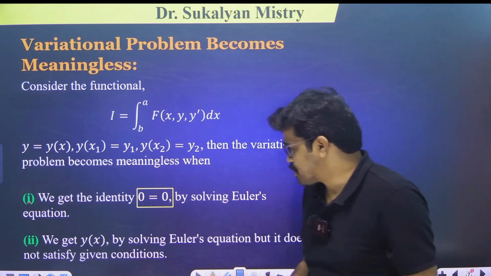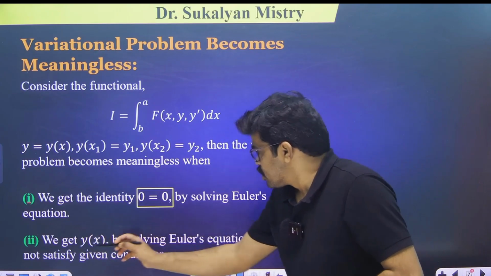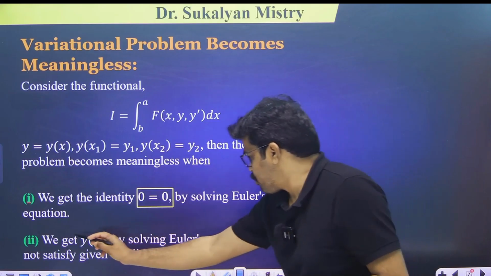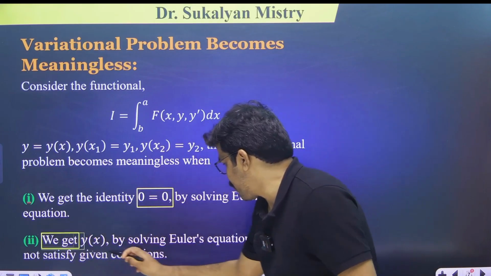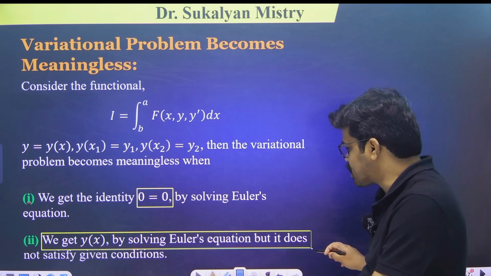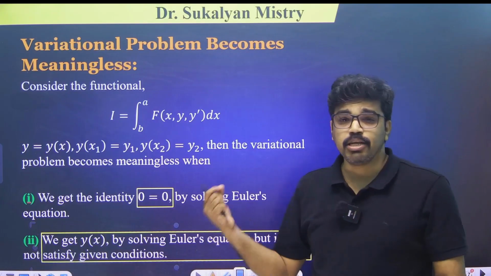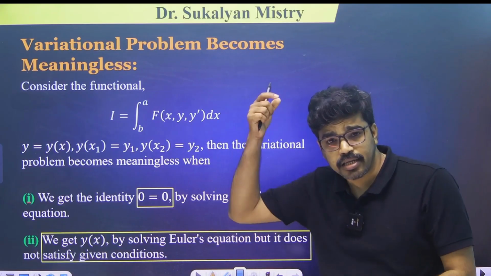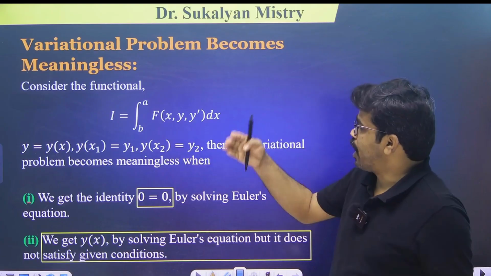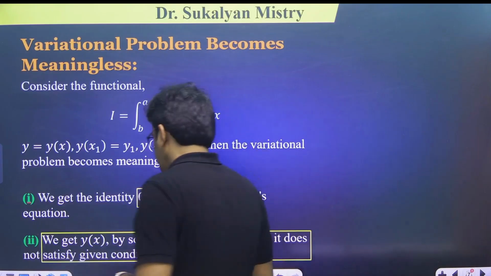Next, suppose we get y(x) by solving Euler's equation, but it does not satisfy the given conditions. That is, if the solution does not satisfy the boundary conditions, then the variational problem becomes meaningless.